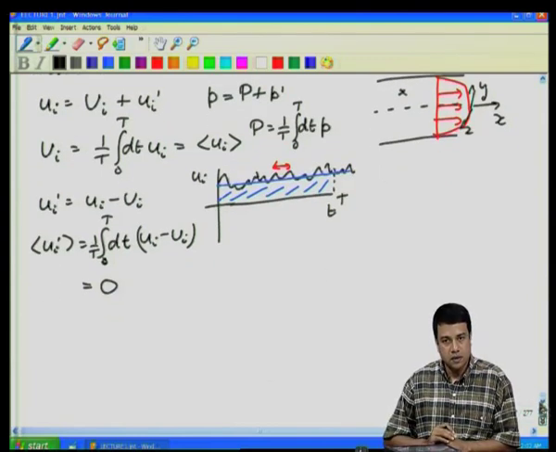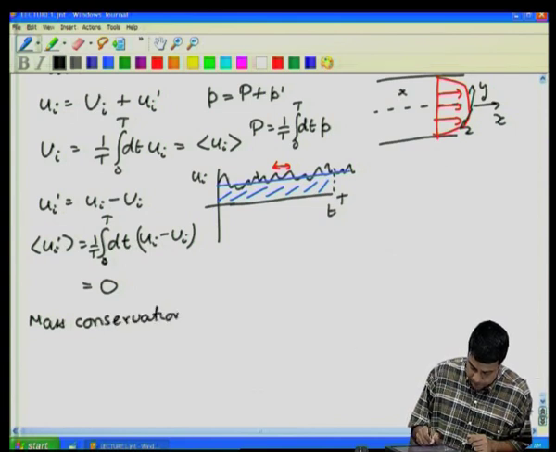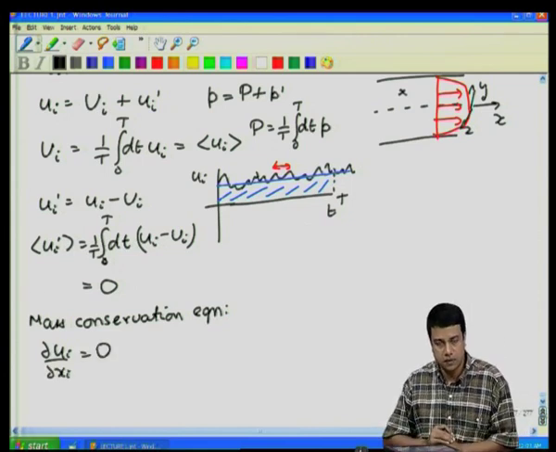So, we insert this decomposition into the Navier-Stokes mass and momentum conservation equations. The mass conservation equation: partial u I by partial x I is equal to 0.